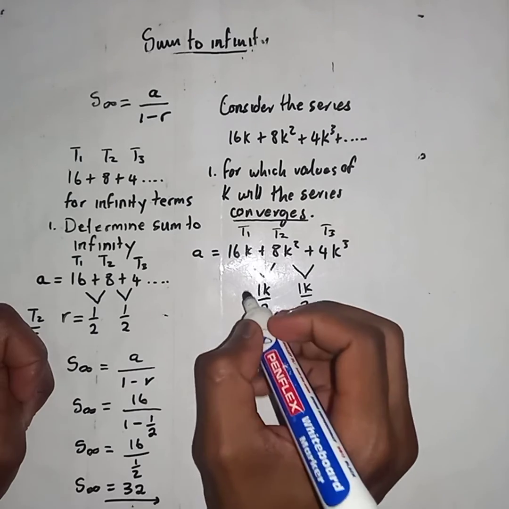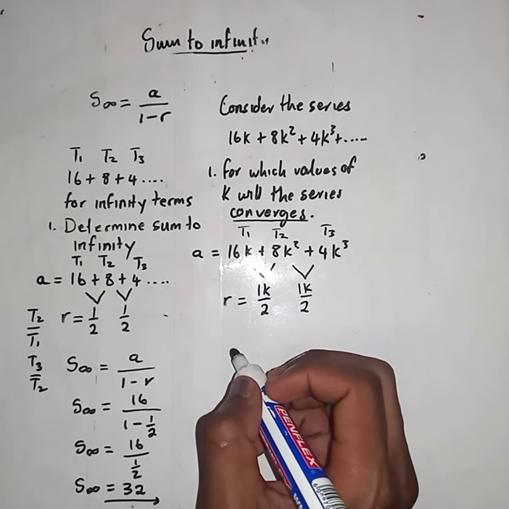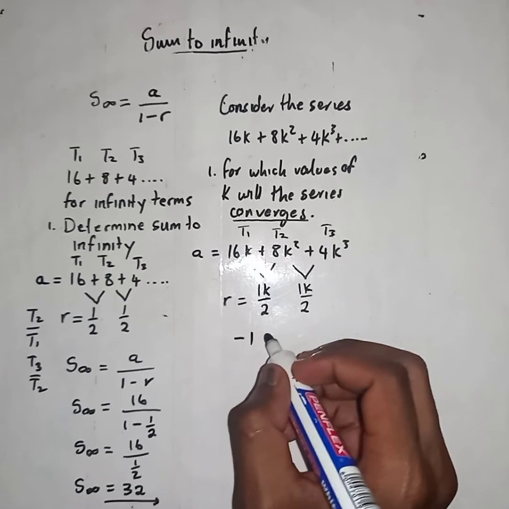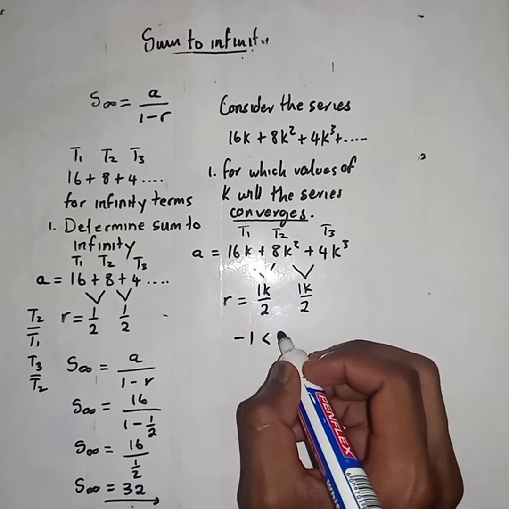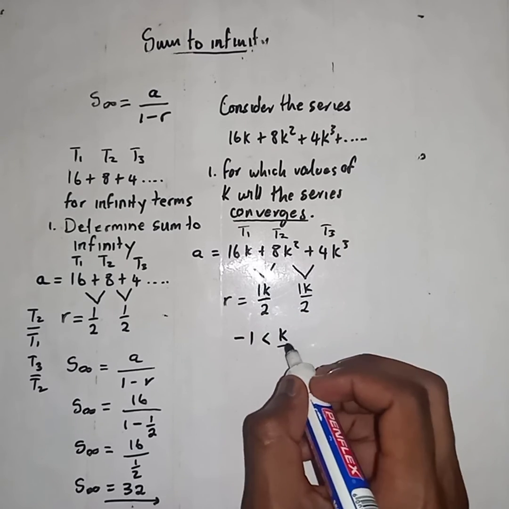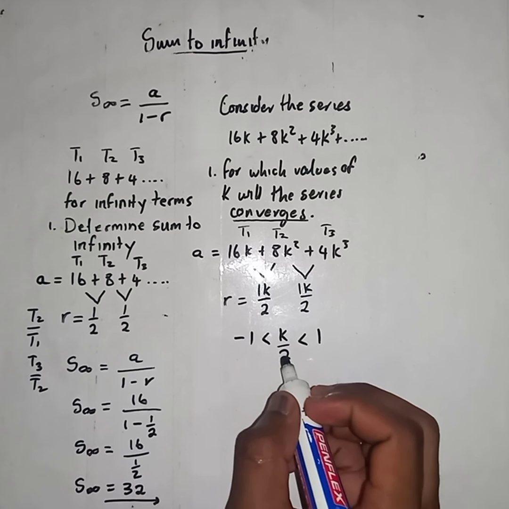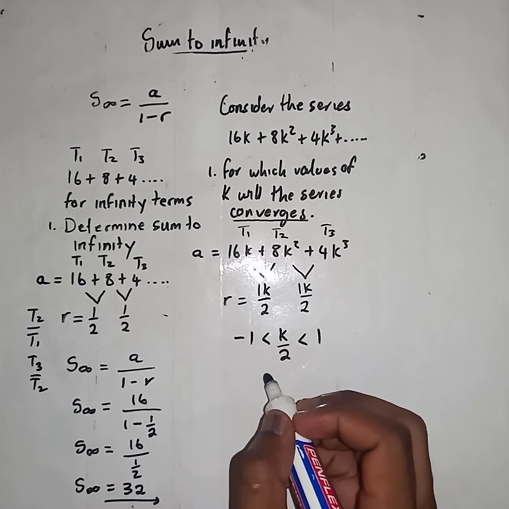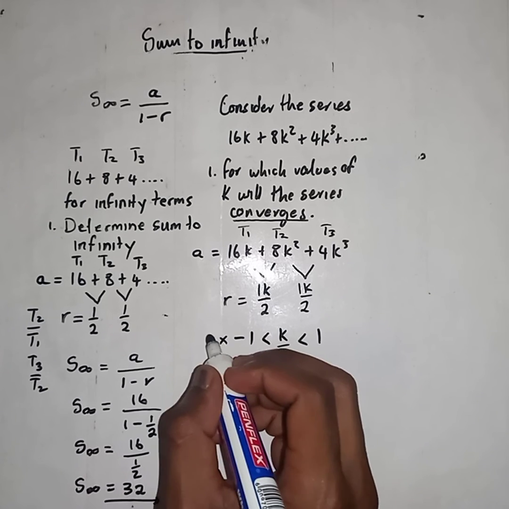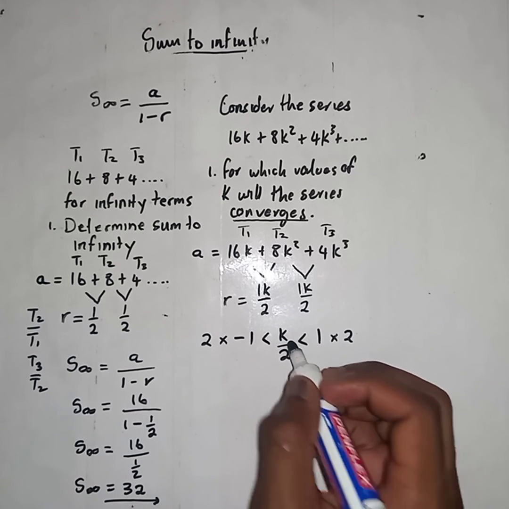Now this is our value of r. You see, this is our value of r. We can then say, where we see r, we substitute this. Let me say k over 2, there is no need for us to put 1 over 2. Then this side we have 1. Can then do what? Multiply by 2 this side and multiply by 2 this side as well.